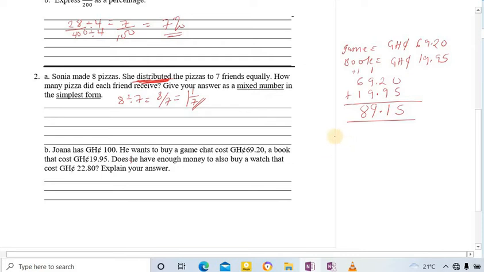Therefore, from buying the game and the book, she has spent 89.15, and we were told that she has 100 cedis.